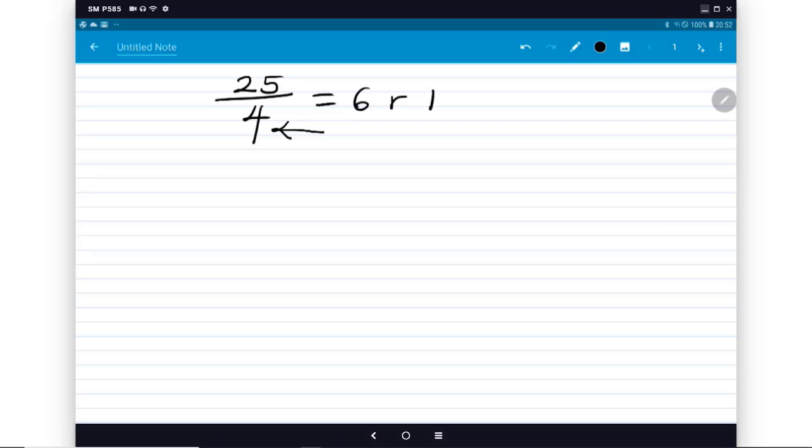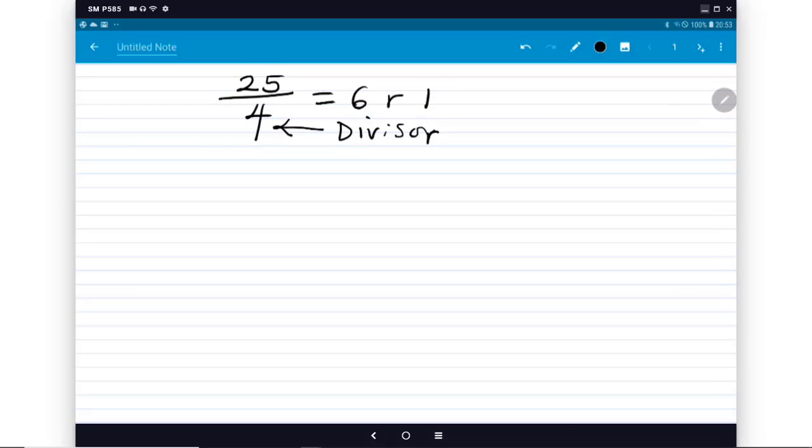Now this 4 is called a divisor, but it is not a factor because it doesn't produce a remainder 0 when we use it to divide 25. But if I divide 24 by 4, I have 6 remainder 0.